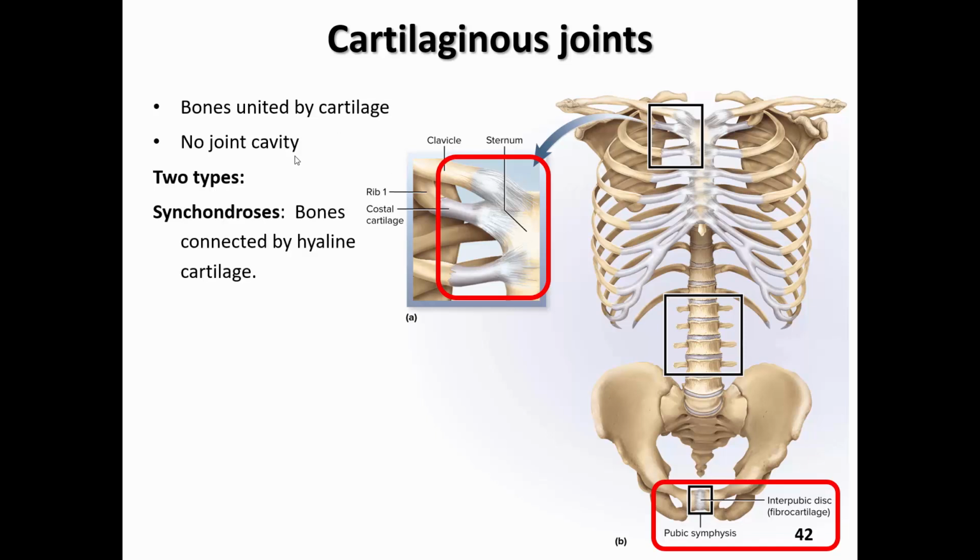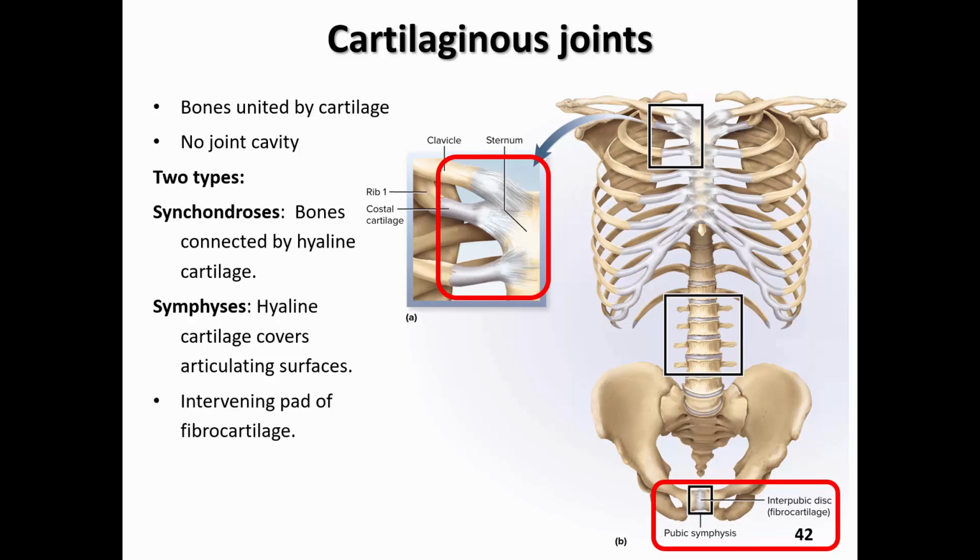Of the two types, the synchondroses are bones that are connected by hyaline cartilage directly, and that's what we see between the clavicle and the sternum, and between the ribs and the sternum. The symphyses refer to hyaline cartilage that covers articulating surfaces, with an intervening pad of fibrocartilage, and that's what we see in the bottom right hand corner of the pubic symphysis.